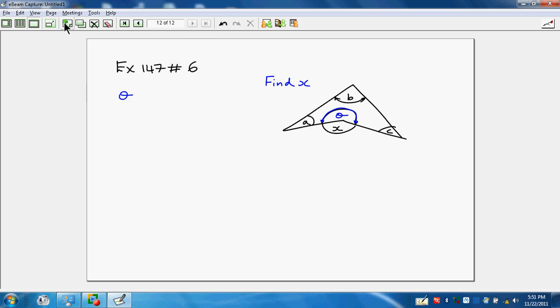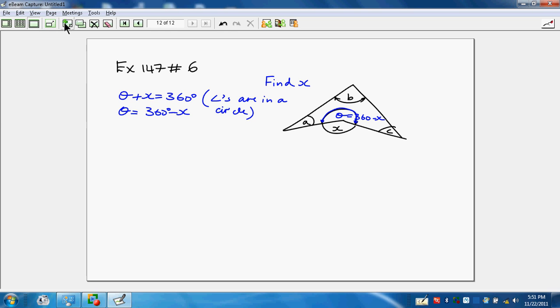We could say that theta plus x must be equal to 360 degrees, and the reason is that these angles are in a circle. So theta will be equal to 360 minus x.